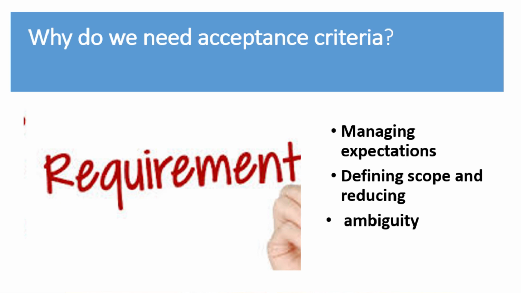Now point number 2 is why we need acceptance criteria. There can be two specific things. One is to avoid any ambiguity, and secondly to define a certain scope under which an organization has to work. Now to talk about point number 1, ambiguity: different people can have a different perspective about a particular thing. For example, there's a metallic component.